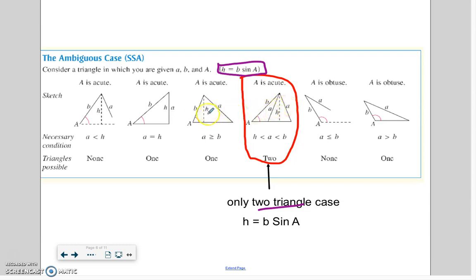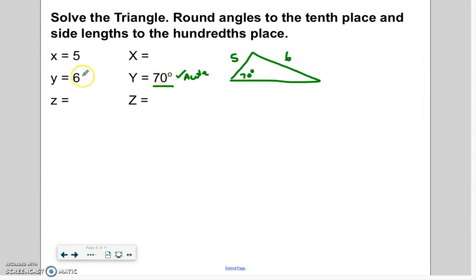All right, so right now in this situation, we have the angle given to us, 6 is greater than B. So if we want to go ahead, we can find our height. Height is equal to 5 sine of 70. 5 times the sine of 70 gives us the height of 4.698.